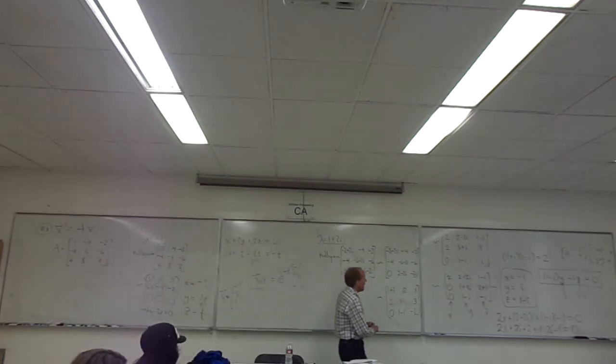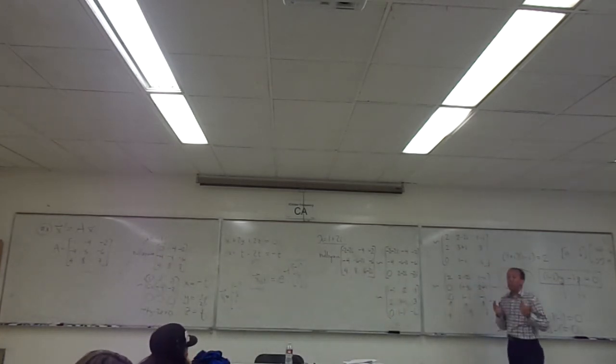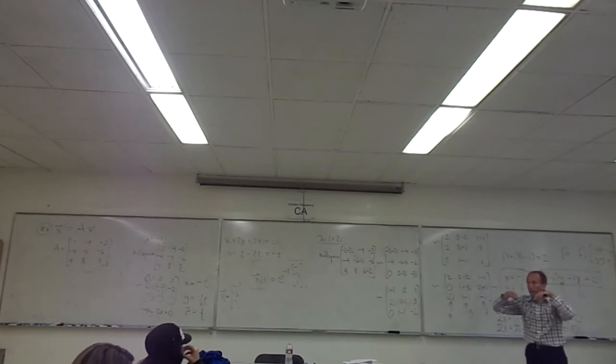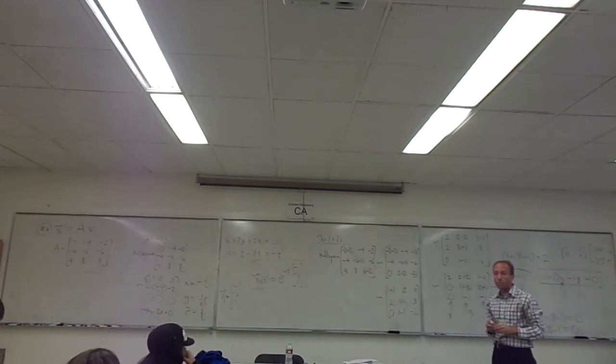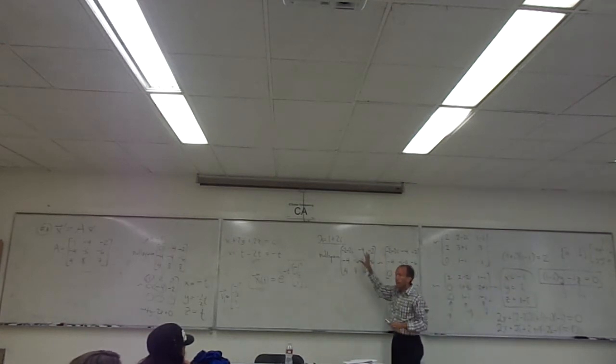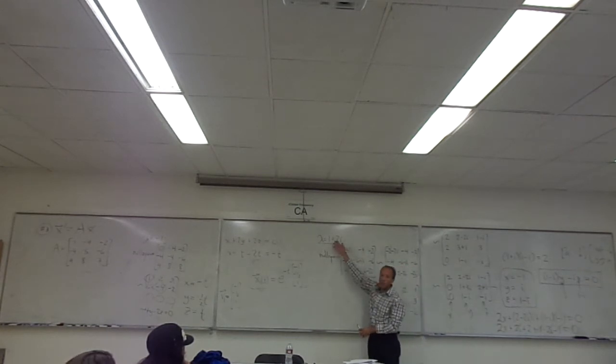Well, I knew that I have to be able to cross off at least one row. Whenever you do these eigenvector computations, if I ask you what's the determinant of this matrix, you should tell me it's 0 right off the bat. Because I plugged in a lambda that was given to me, so I know that this has to be a determinant 0 matrix.